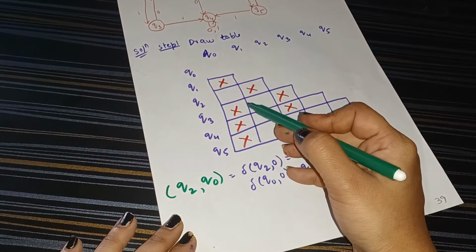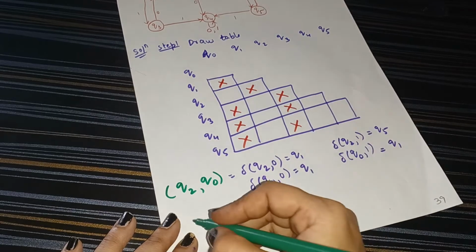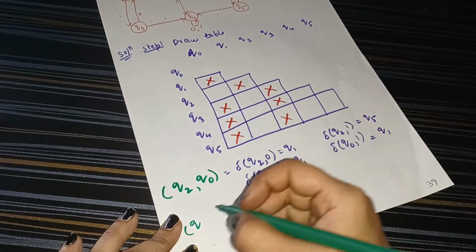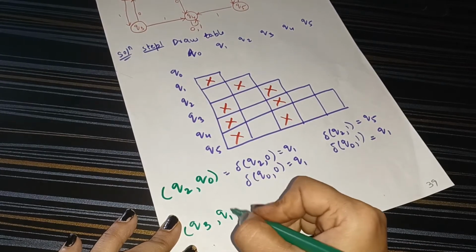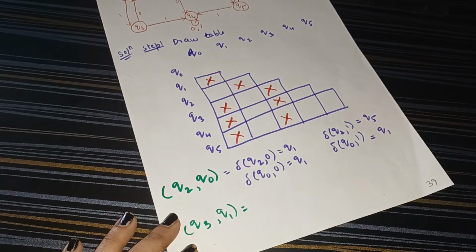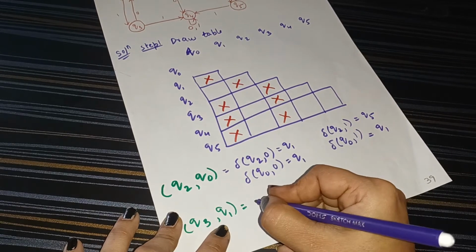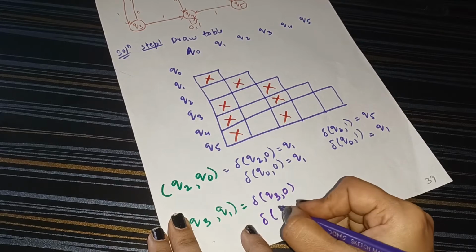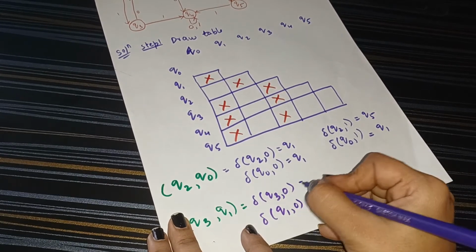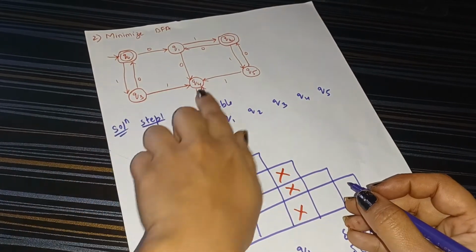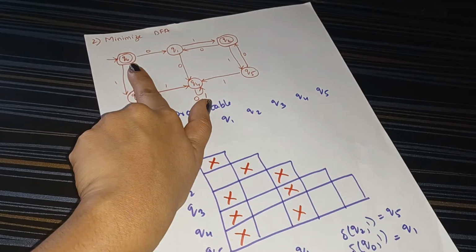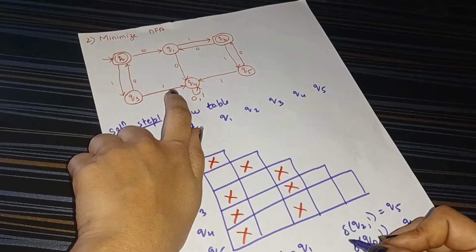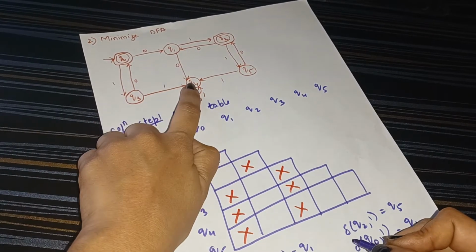Next we have the leftover box Q3, Q1, so we'll check for Q3, Q1. Delta transition of Q3 on 0 and delta transition of Q1 on 0: Q3 on 0 is going to Q0 and Q1 on 0 is going to Q4.